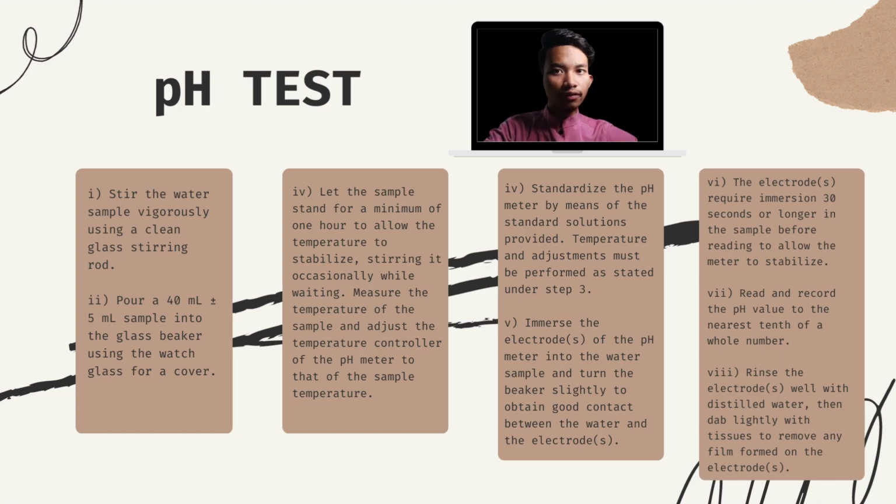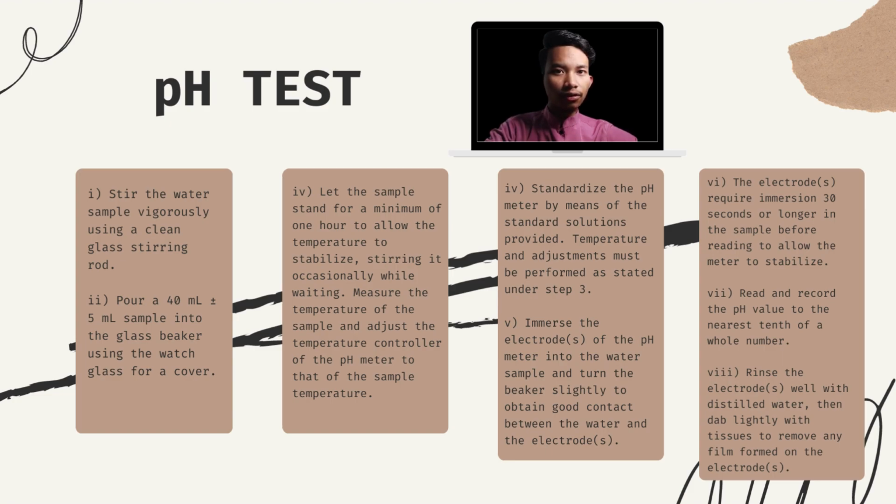Measure the temperature of the sample and adjust the temperature controller of the pH meter to that of the sample temperature. Then, standardize the pH meter by means of the standard solutions provided. Temperature and adjustment must be performed as stated under Step 3.